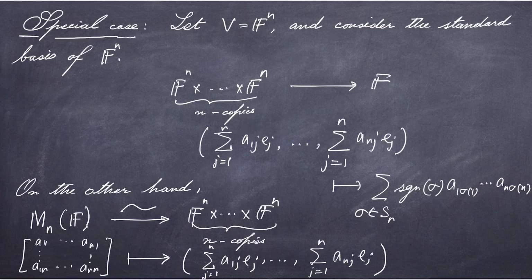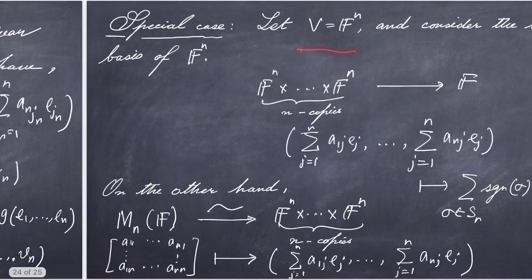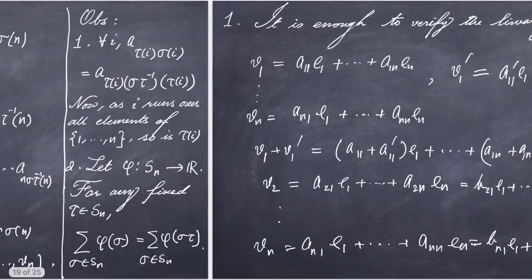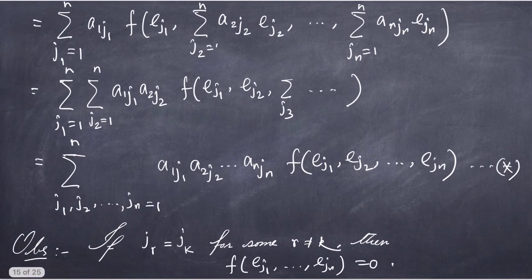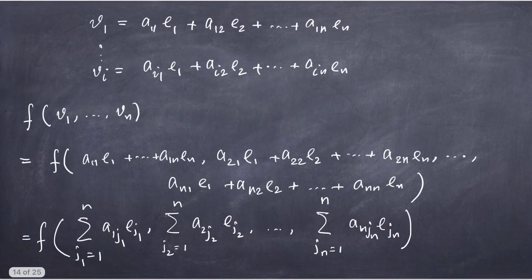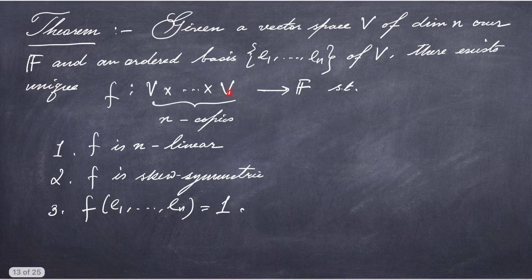Now we will complete our aim of defining the determinant for any square matrix. So we specialize this. Try to remember that we have proved that, given any vector space V of dimension n and any fixed ordered basis, we have a determinant function relative to that.